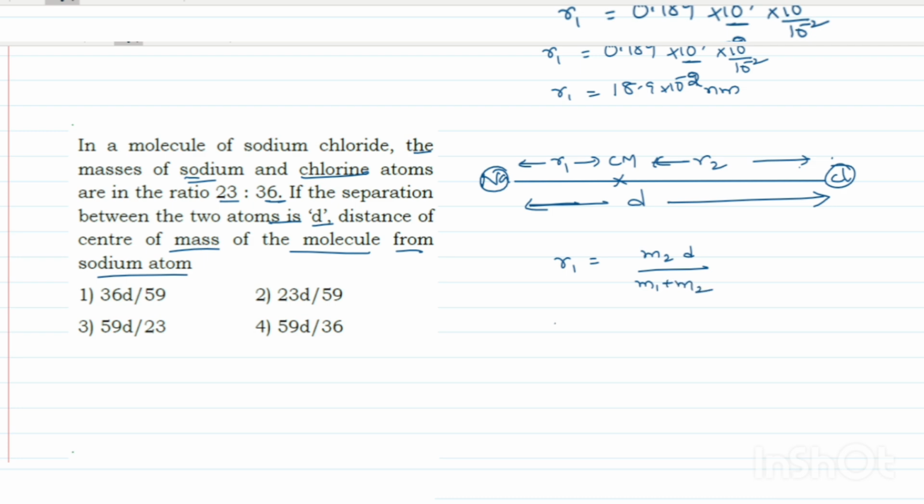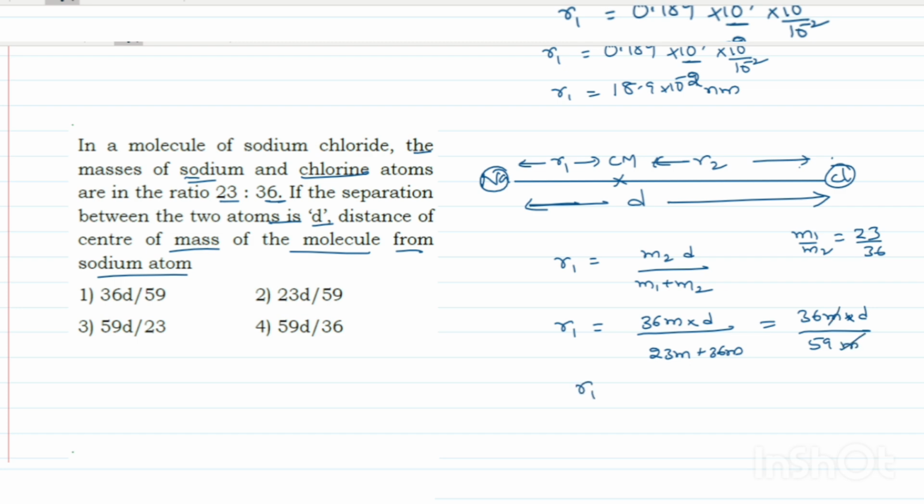The ratio m1 to m2 is 23:36, so m2 is 36m. So r1 equals 36m into d by 23m plus 36m, which is 36m into d by 59m. The m gets cancelled.